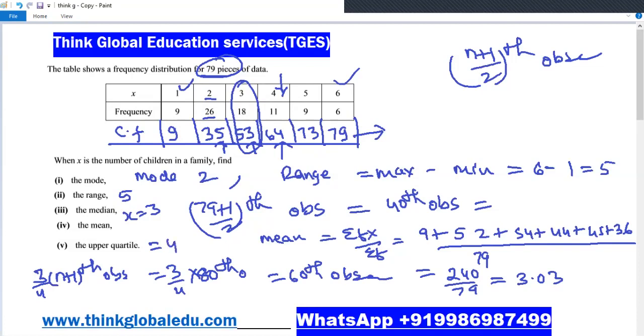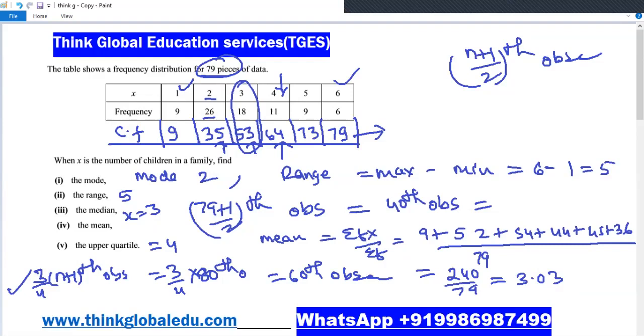So for finding the upper quartile, we use 3 upon 4 times the (n plus 1)th observation. For finding the lower quartile, we would use 1 upon 4 times the (n plus 1)th observation. In this question, we don't need to find the lower quartile, we just have to work out the upper quartile. For the median, we use the (n plus 1) over 2th observation.